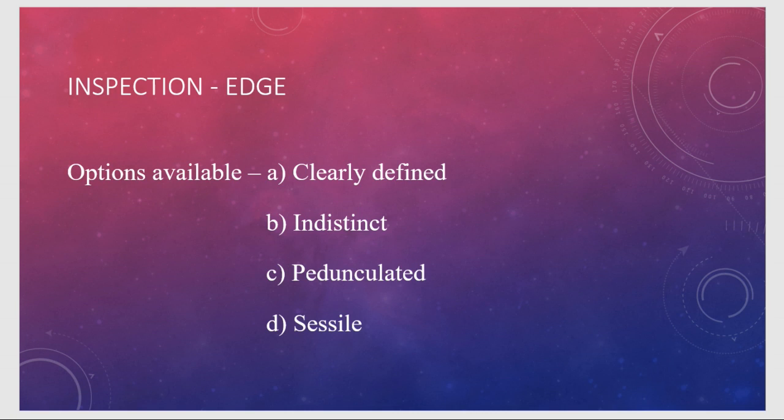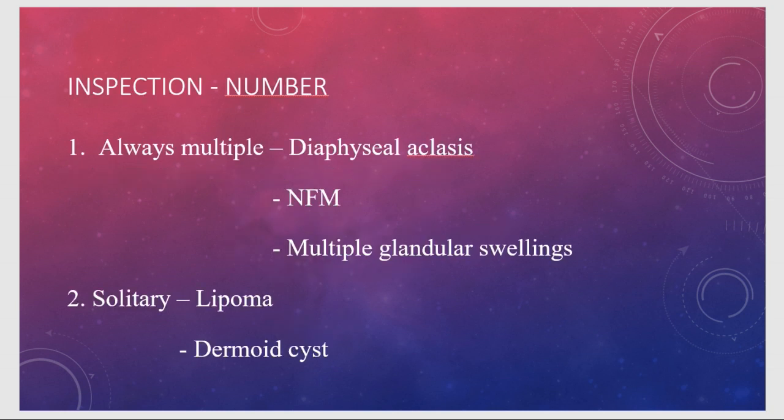So these are the things we are supposed to see on inspection, edge inspection. Finally, the number. Number is also going to help us in reaching a diagnosis. Some swellings are always multiple in number.